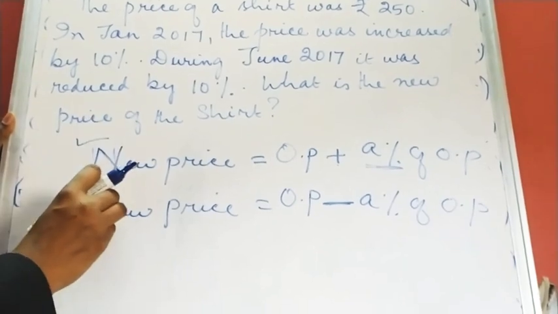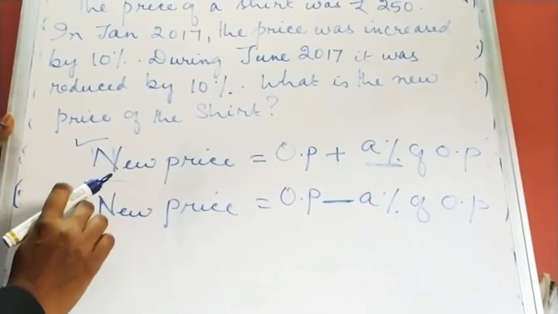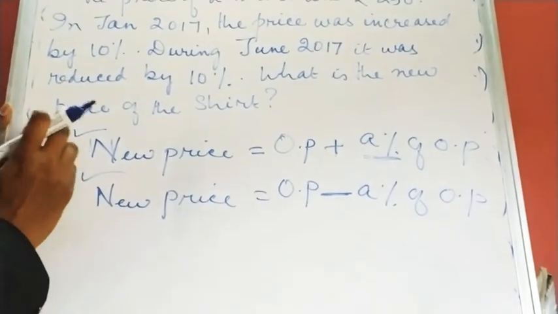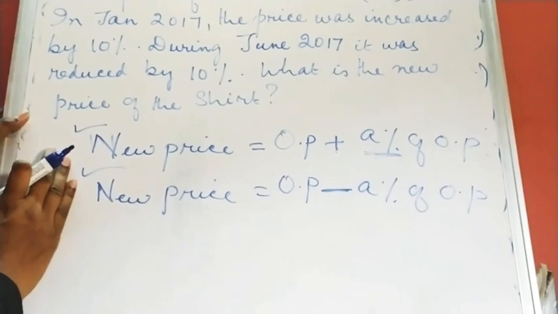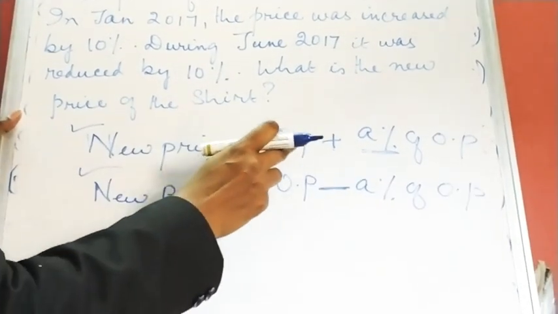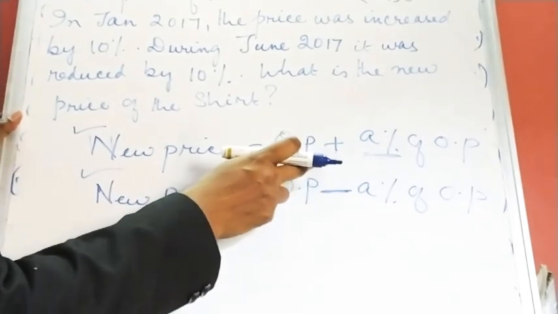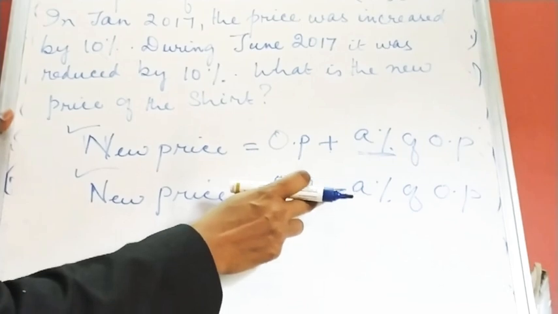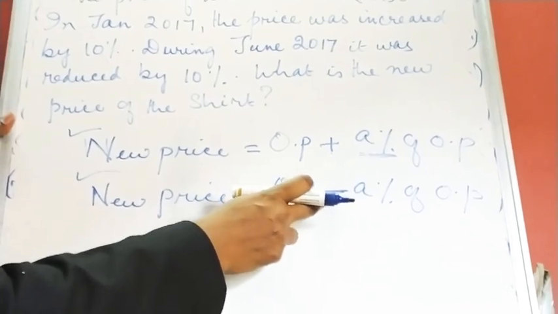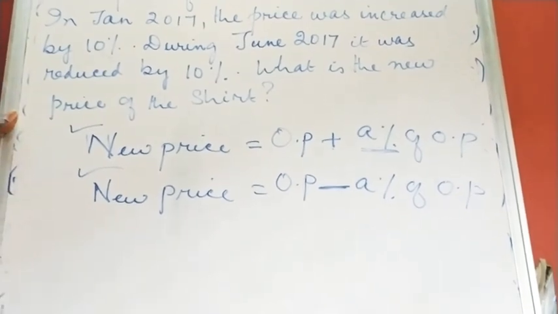So we have to follow these two formulas in order to solve the questions. You can use it in this way for solving it efficiently. If there is an increase by 10%, we use plus; if there is a decrease of 10%, then we put the minus sign. So now children, let me solve this question for you.